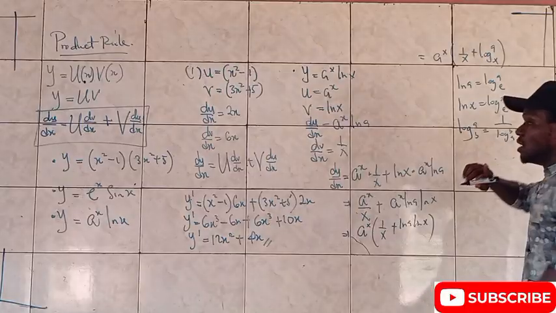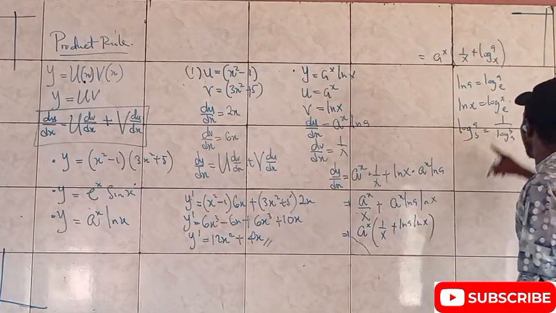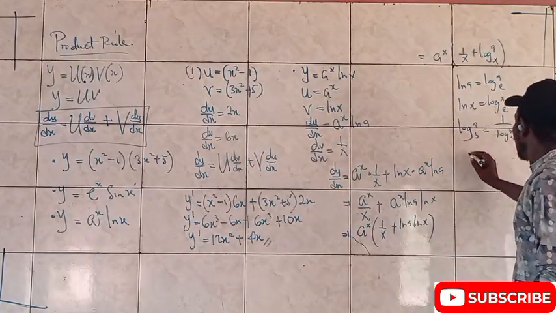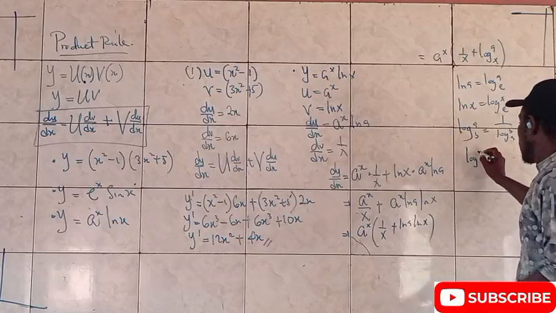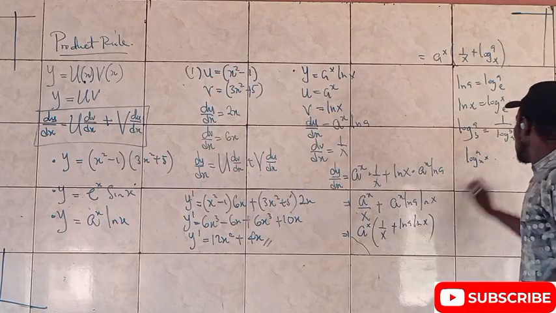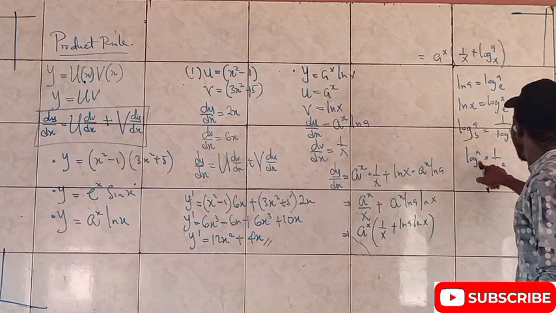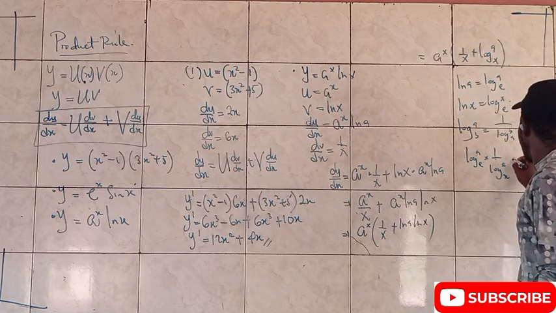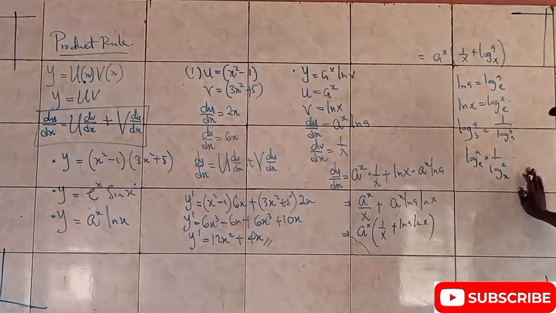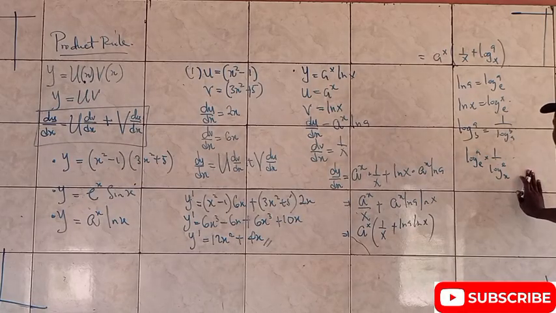The way you are taught in the law of logarithms, you can check that out too. Meaning that this will become log a base x times 1 over log e base x.